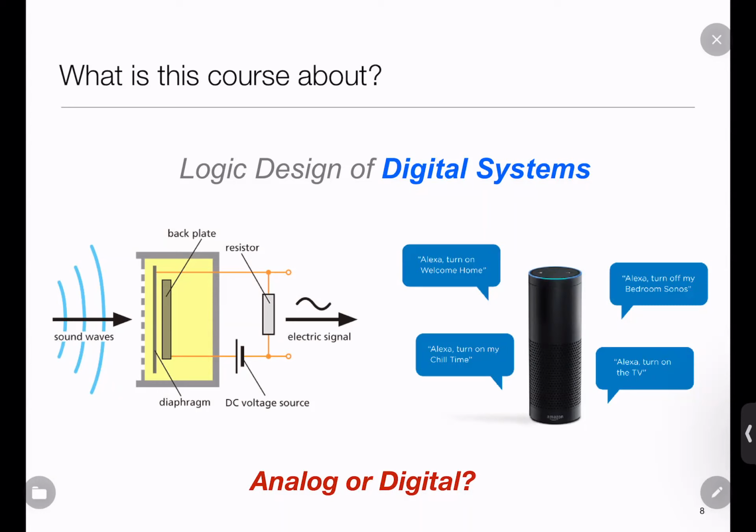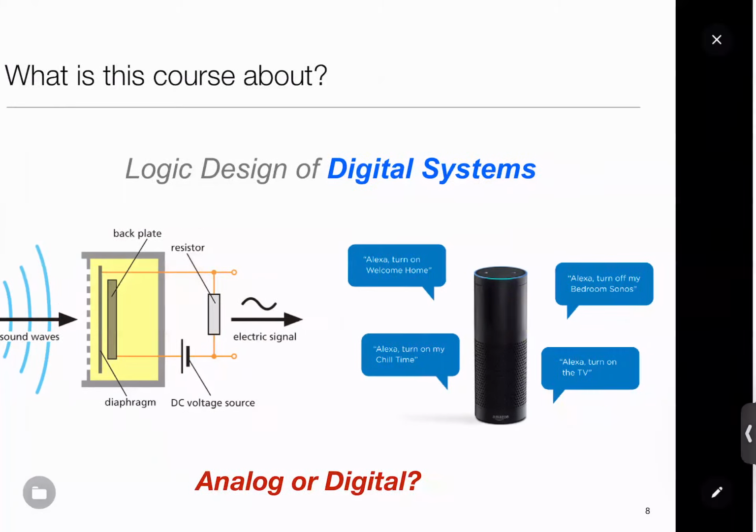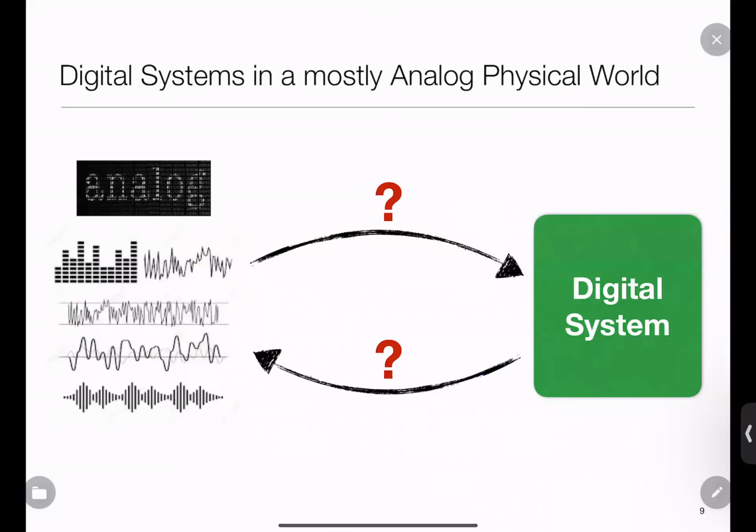So even things which, at least until now, have been largely analog are beginning to be, quote, smart, and therefore the core of it is digital. So we can't escape either, really.